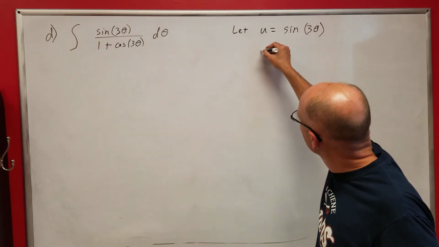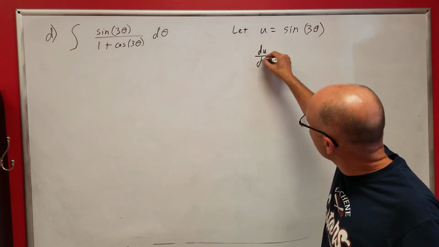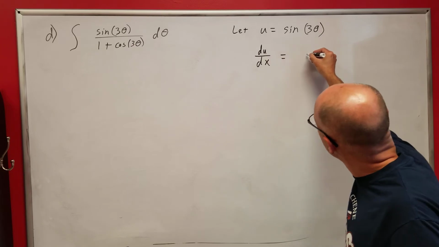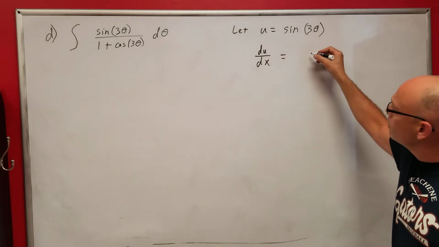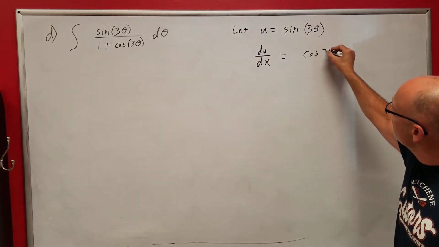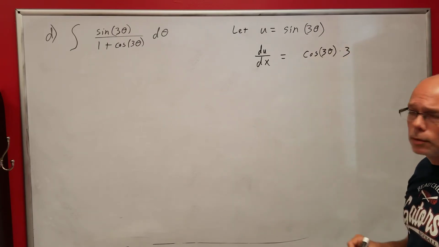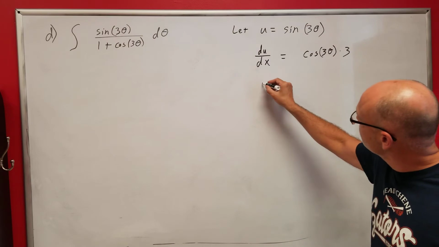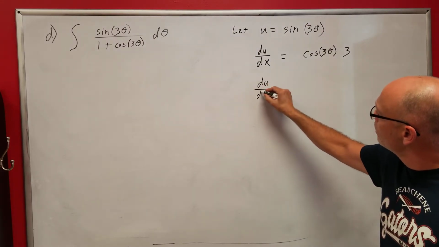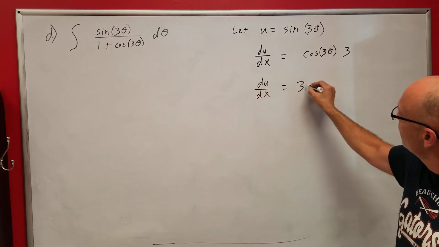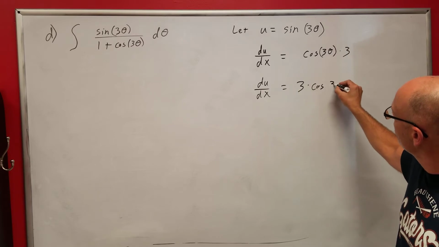Then let's take the derivative of both sides. I have to use the chain rule here, right? That's the cosine of 3 theta times 3. So du over dx is equal to 3 times the cosine of 3 theta.